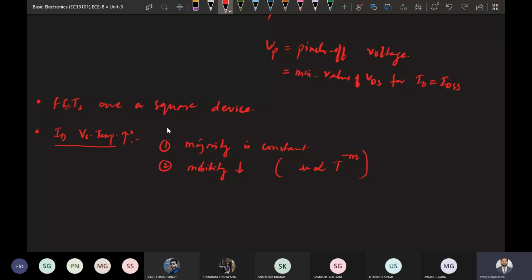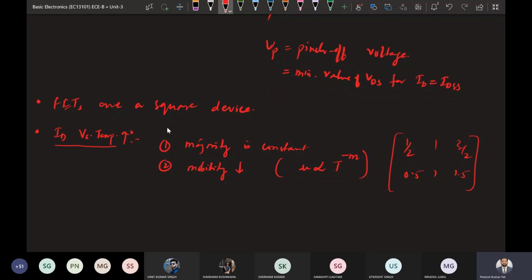This m is a proportionality constant, or construction parameter, that is based on the type of construction that we have. So this m value depends on different parameters, and it varies between 0.5, 1 and 1.5.